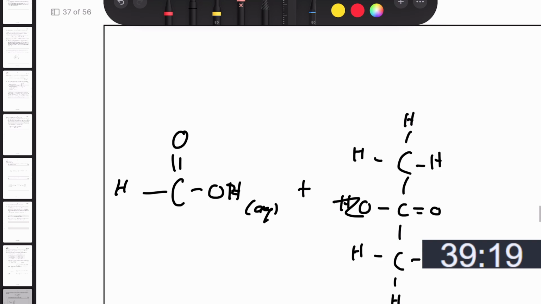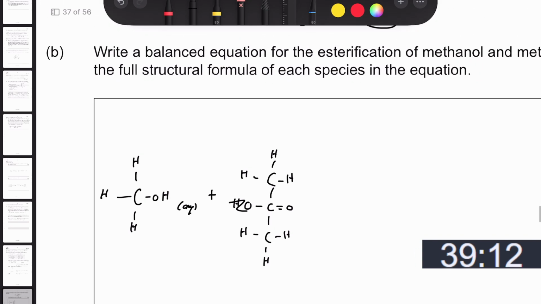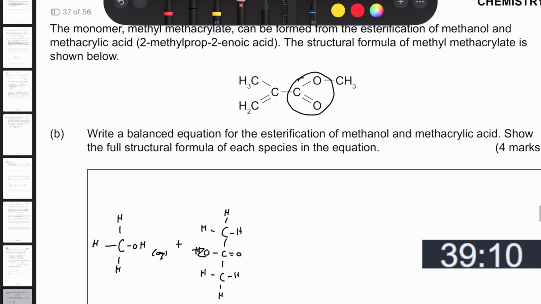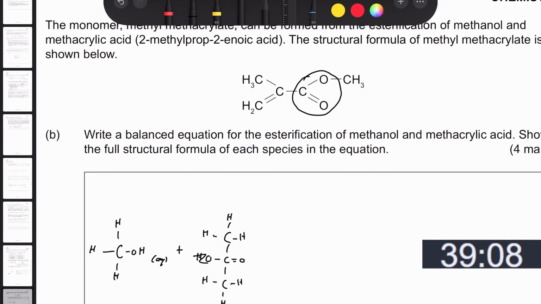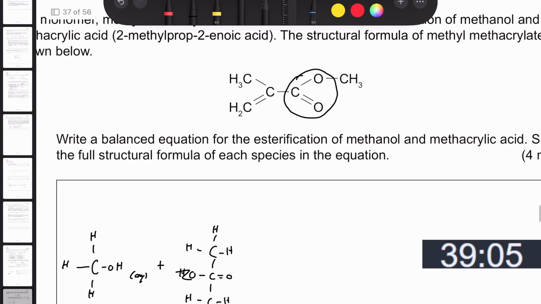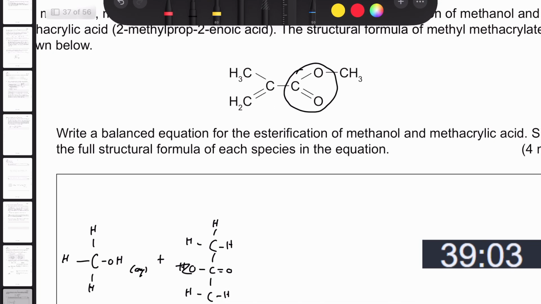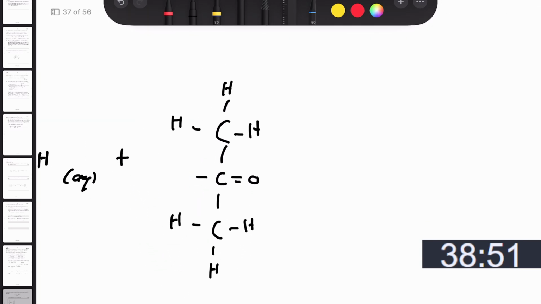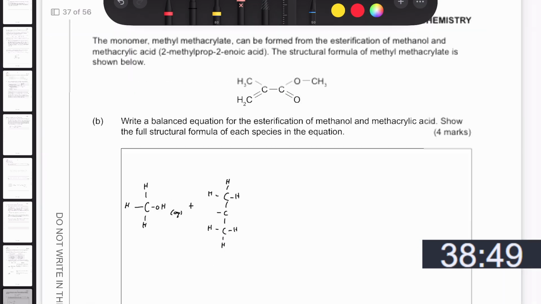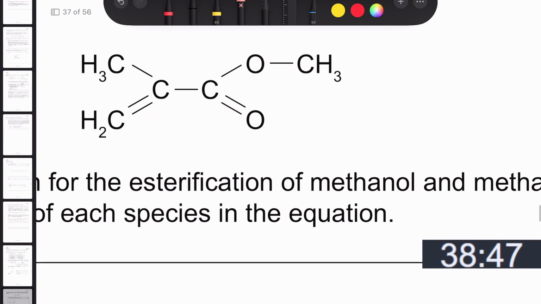Oh wait, not methanoic acid. That was what was confusing me. There we go. It's going to be like that. And then 3, 4. I have no idea how this is going to work.